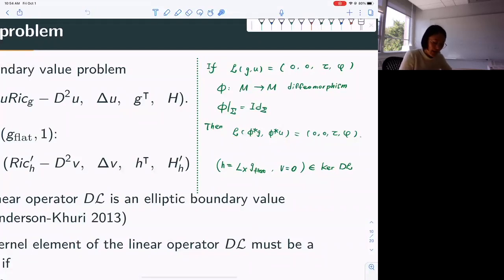Then the map acting on the pullback pair gives the same image as before. So the pullback pair is also static vacuum, with the same Bartnik data as before.